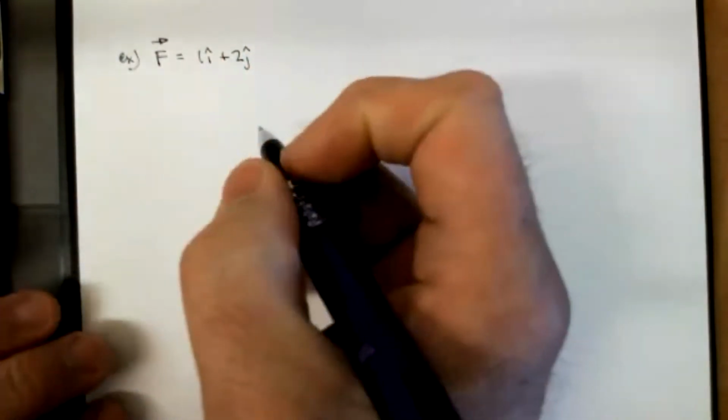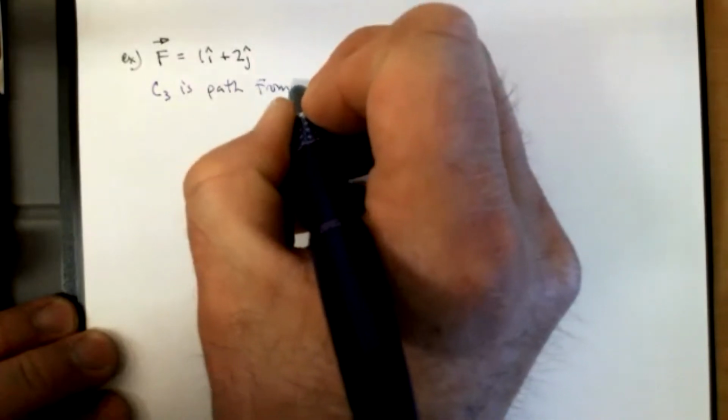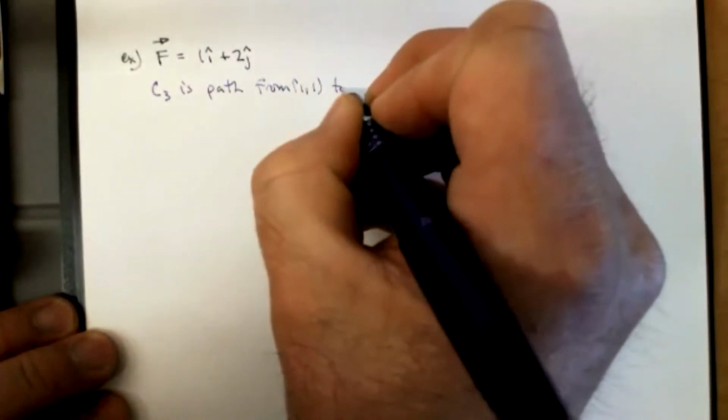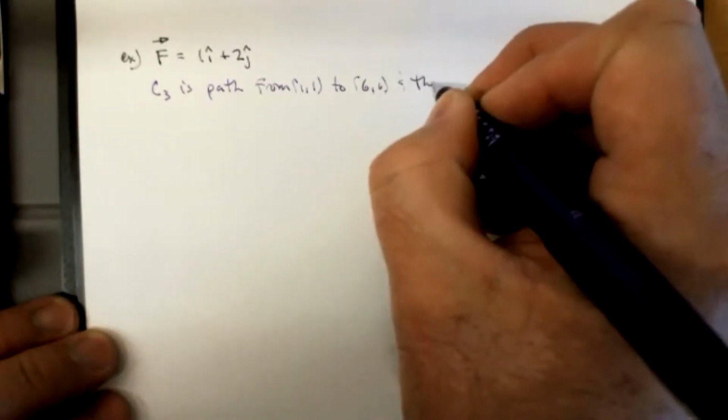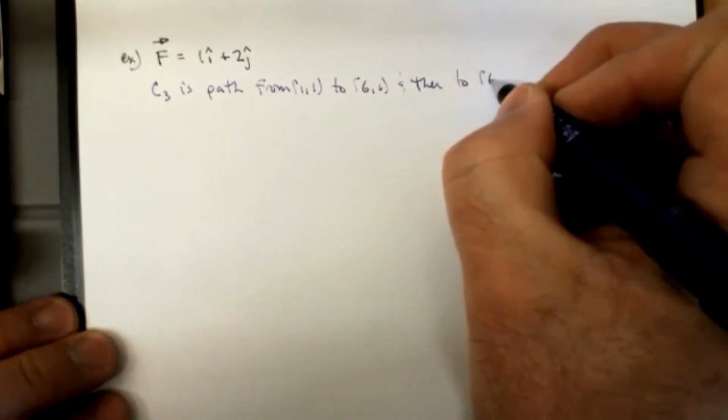Let's say C3 is the path from 1,1 to 6,1, and then to 6,6.